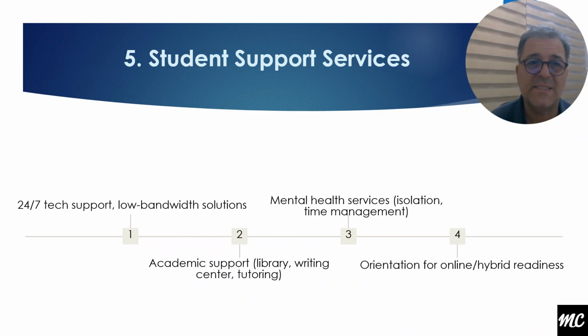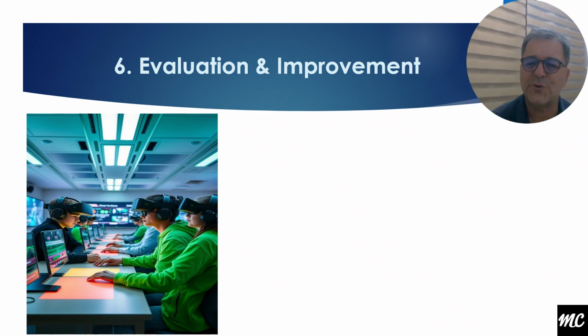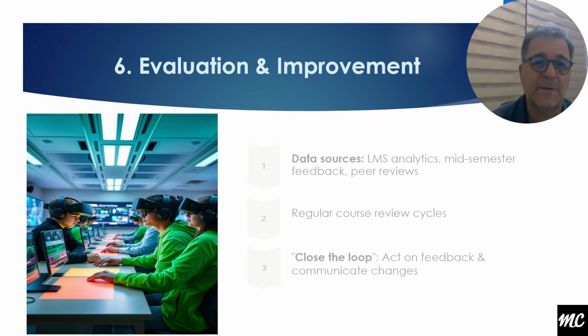So beyond this, maybe another important concern is providing orientation for online learning, distant education, and hybrid education. If we provide orientation modules, they can help prepare our students for success in hybrid environments. Another concern to enhance the quality of distant education is improvement, especially continuous improvement.